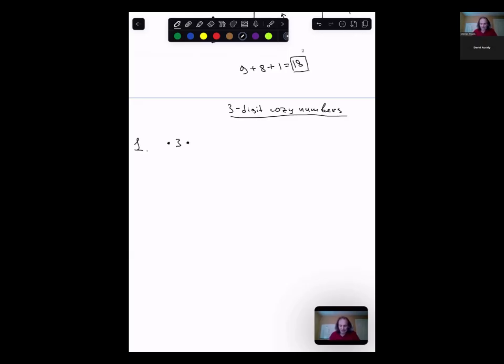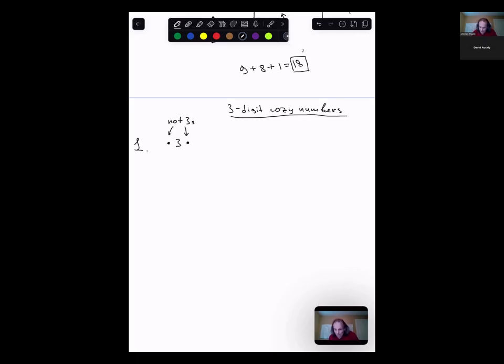But I want to insist that these two other digits are not threes, because I want to avoid double counting.